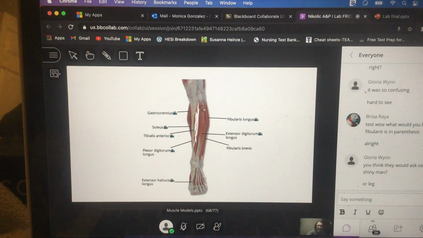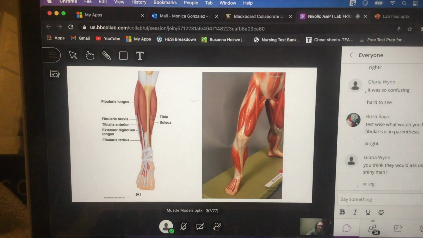So technically, going back to this muscle, I think it's this part here that's the fibularis longus, because this one is most likely the extensor digitorum right there.